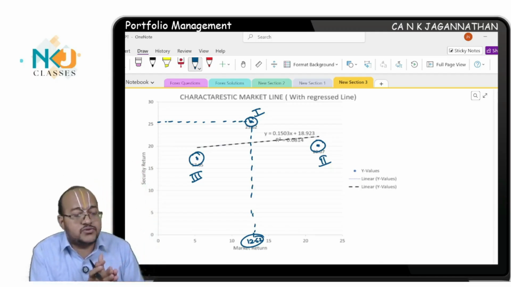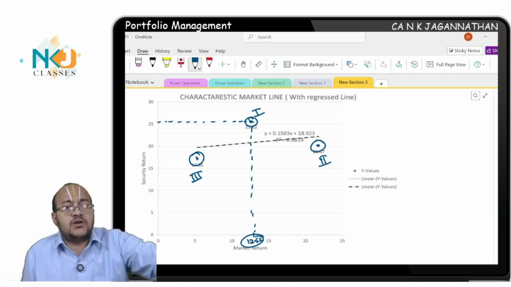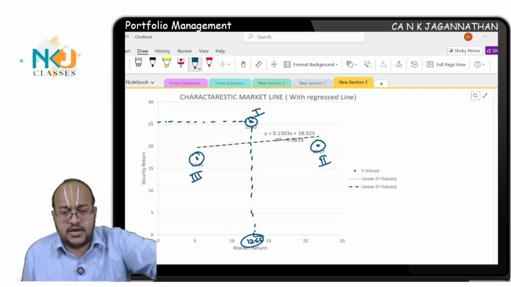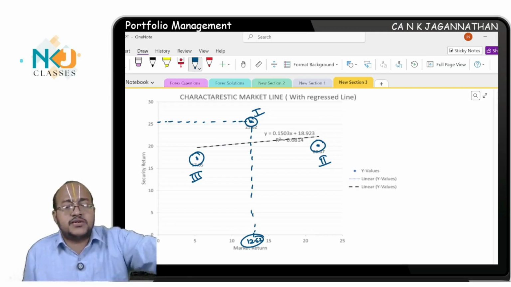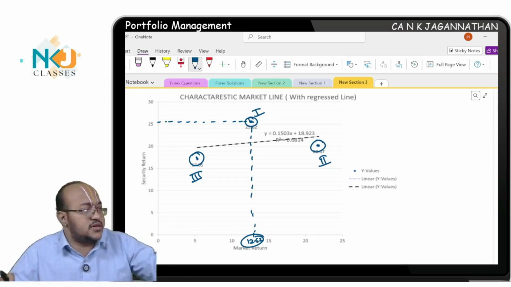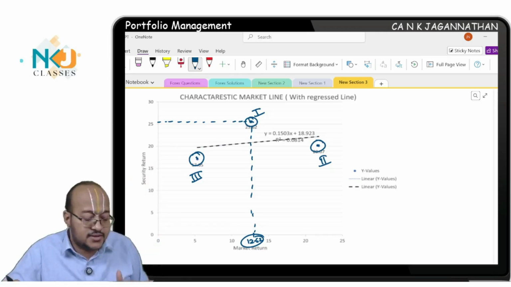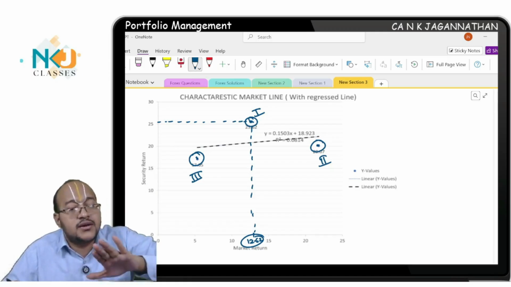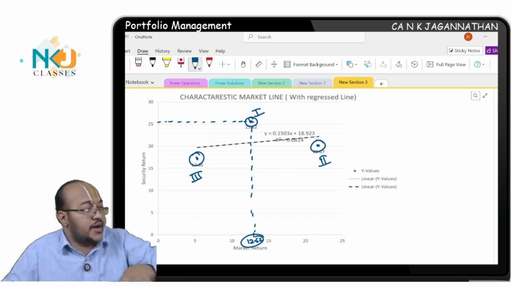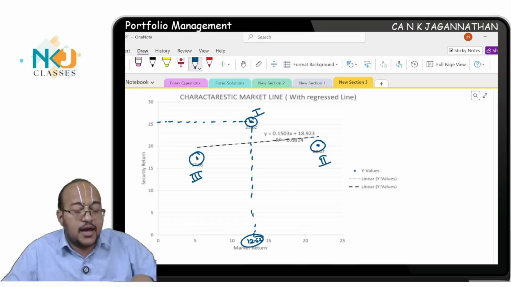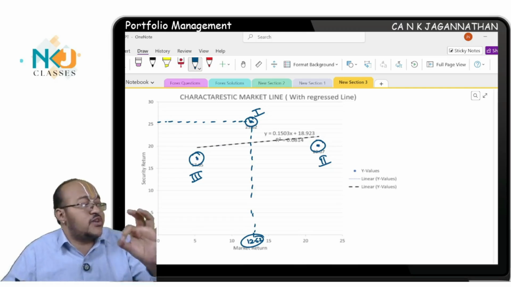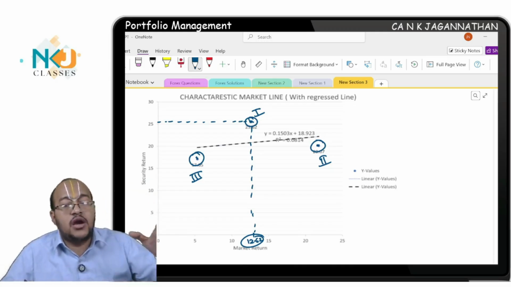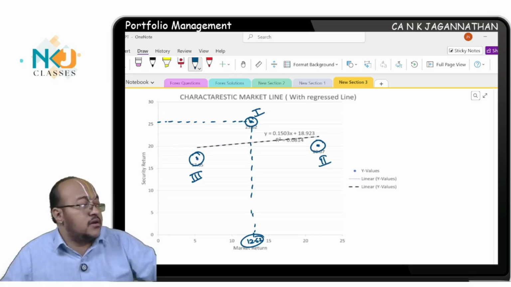If you take a class, assume the average weight is 70 kg. Some numbers will be scattered, someone will be 80 kg, someone will be 60 kg. Like this, if I have the return of the market as well as the security, and I try to plot this, I'm not getting a straight line. I want to draw a representative line, an average representative line. This is called the line of best fit, or the regressed line, or the average line.